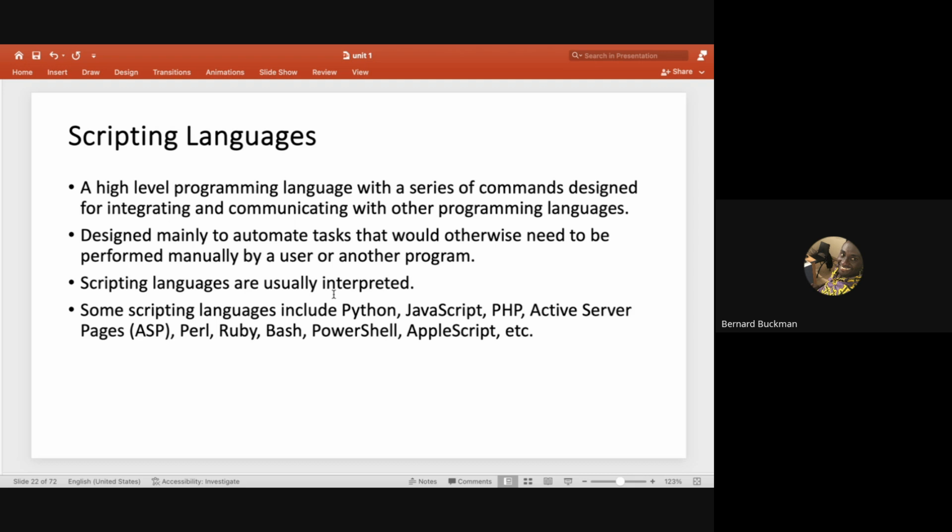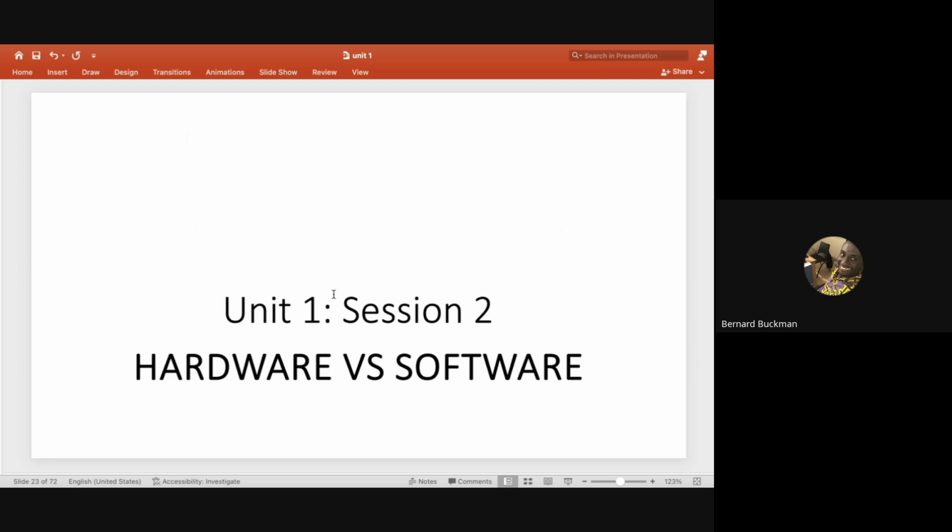When you can do something like that, we call that type of language a scripting language. It's a very small programming language which does some small task, it is mostly interpreted, and it is not too sophisticated in terms of its features. You can extend its features by adding plugins or add-ons. Examples include Python, JavaScript, PHP, ASP, Ruby, PowerShell, and others.